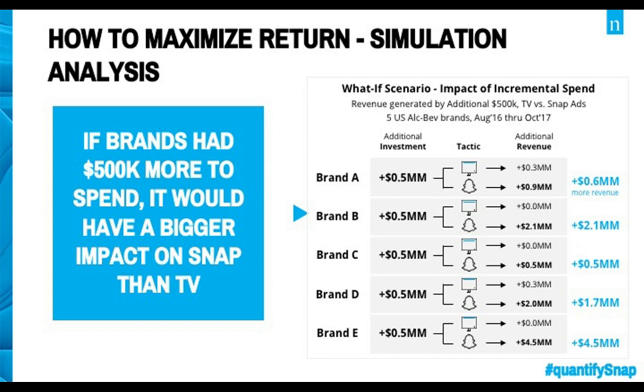If you look at, for example, brands B, C, and E, investing $500,000 more in TV actually generated no additional revenue for those 3 brands. That's because they're spending so much and they already hit diminishing returns on a serious scale.